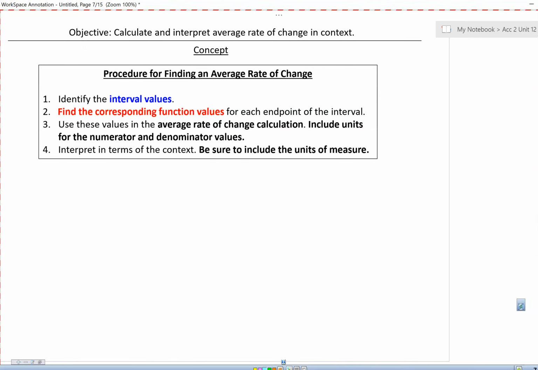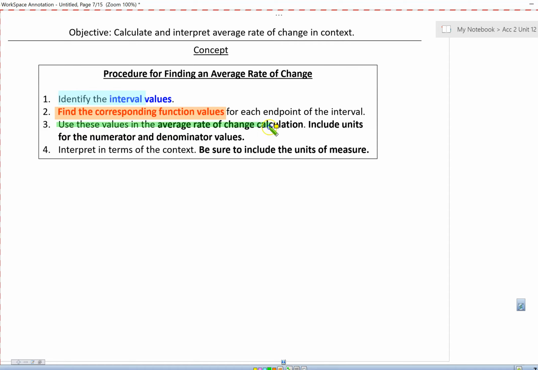So when we are finding an average rate of change, you want to make sure that you identify your interval values, which would be your x values, and then you can find the corresponding function values. That may be from a graph, from a function, or from a table. You want to make sure that you pay attention to the units for your x and your y values in the context of the problem.